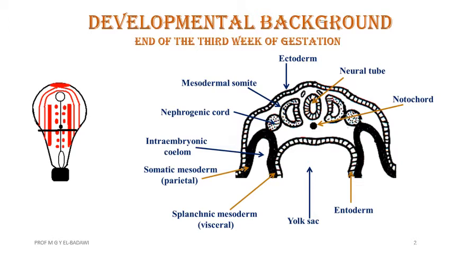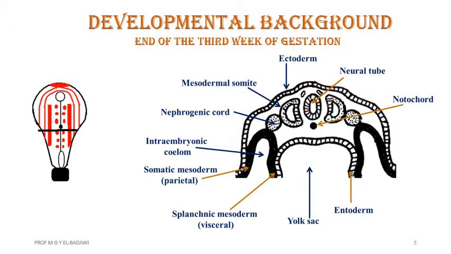On each side of the neural tube will be the two neural crests, then the mesodermal somite, part of the para-axial mesoderm, the nephrogenic cord, the intermediate one, and the two recesses of the peritoneum, which will unite to form the peritoneal cavity. That is the cavity of the yolk sac. The start of folding by the end of the third week will incorporate the yolk sac to form the primitive gut. That is the transverse section.